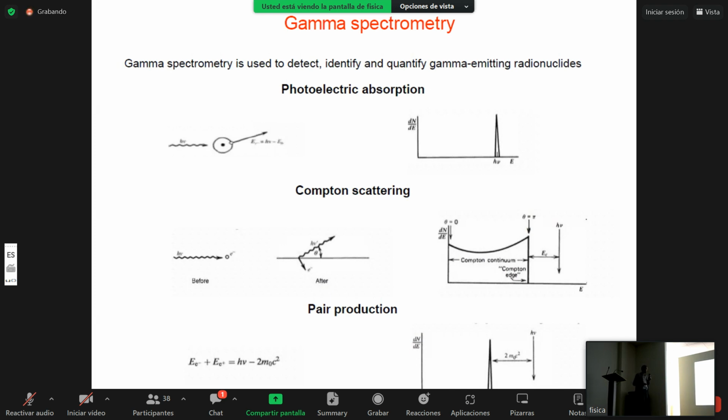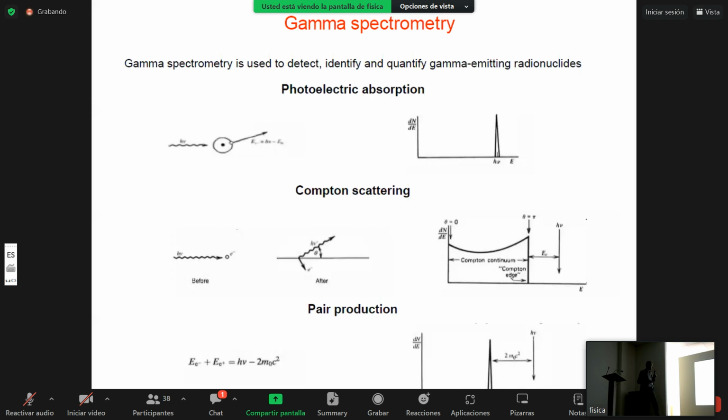The second process is Compton scattering, where you have an orbit electron, and the gamma ray scatters off this electron, which is at rest. You will have a distribution of energies between this electron and the scattered gamma ray. And here you can see the spectrum, which usually we get in detectors.